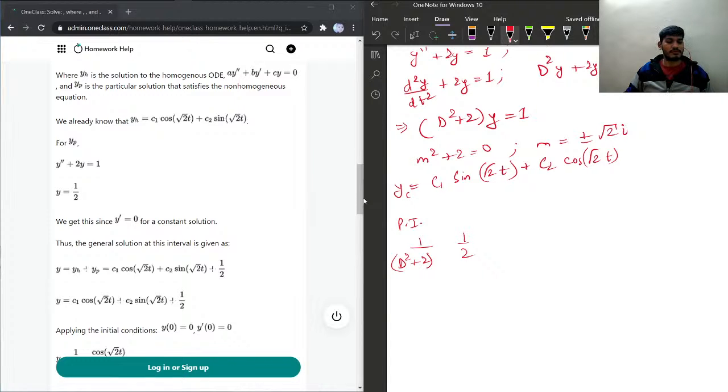so e power 0x, and D square will become minus a square, so this will be equal to 0.